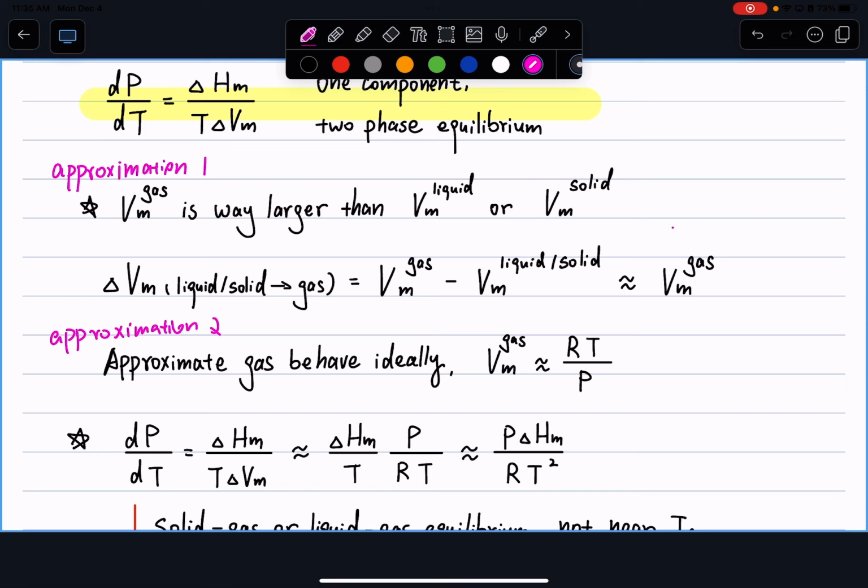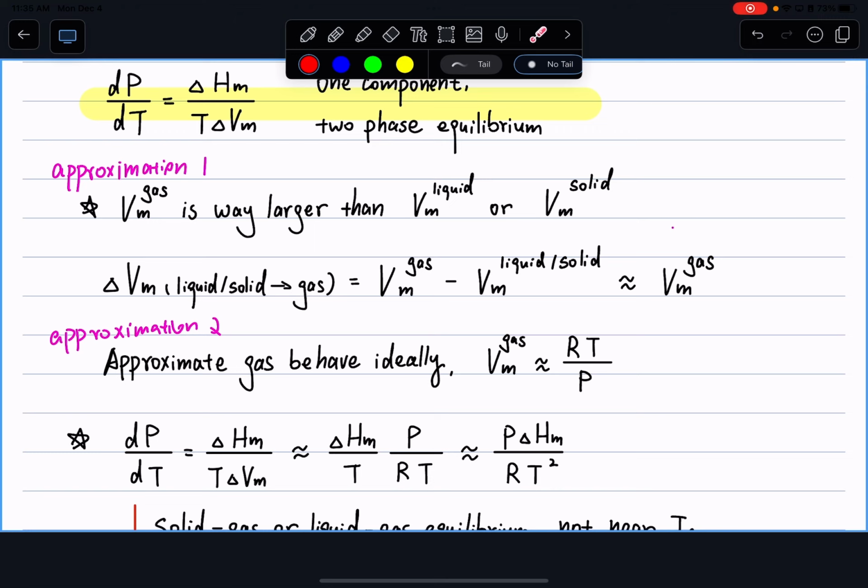Now, with this approximation, what do we have? If we know the molar volume of your gas is way larger than your molar volume of your liquid or solid, what we can approximate is the change of your molar volume if we're talking about a process that's going from a liquid or solid to a gas phase.